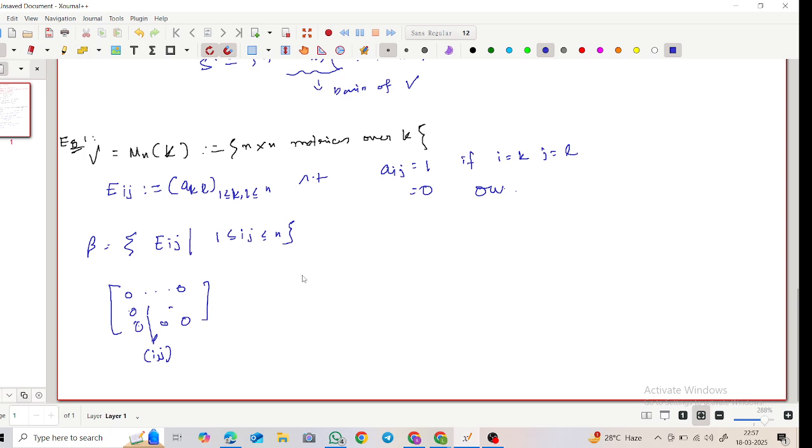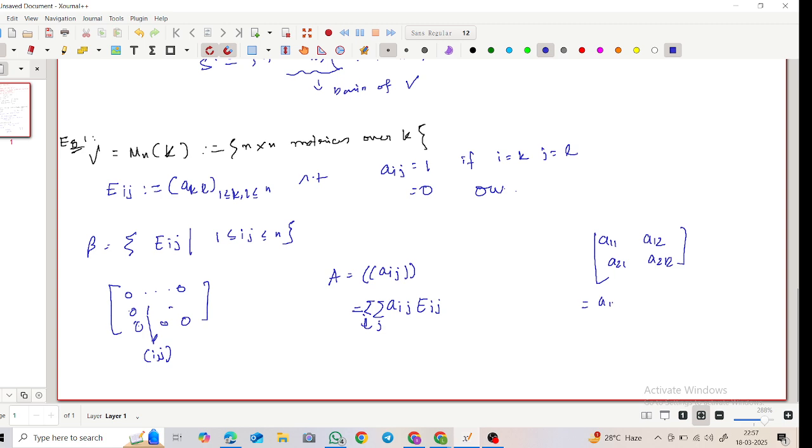So basically, see, you take any matrix A, right? So A_ij is the ijth entry of A. So it is nothing but the summation of A_ij times E_ij, over i and over j. I mean, you take A11, A12, A21, and A22.